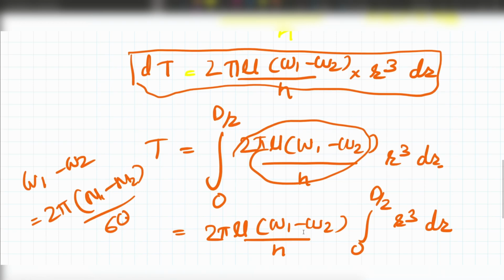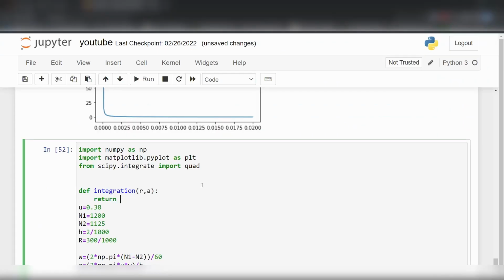I will say this whole constant is a. So the function returns a multiplied by r cube, and this is our function defined.